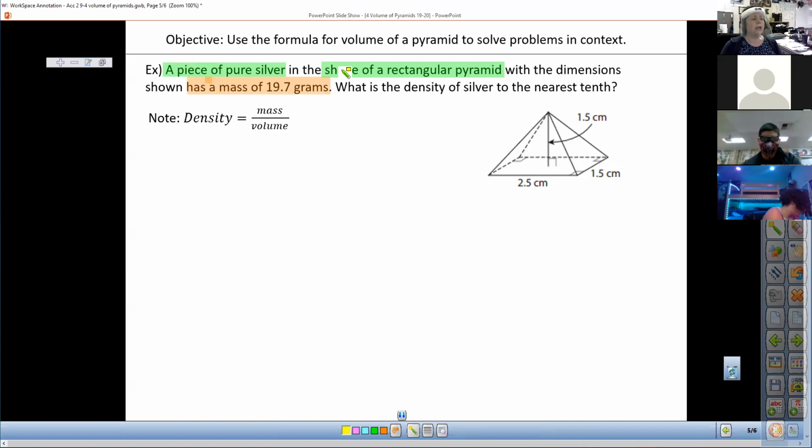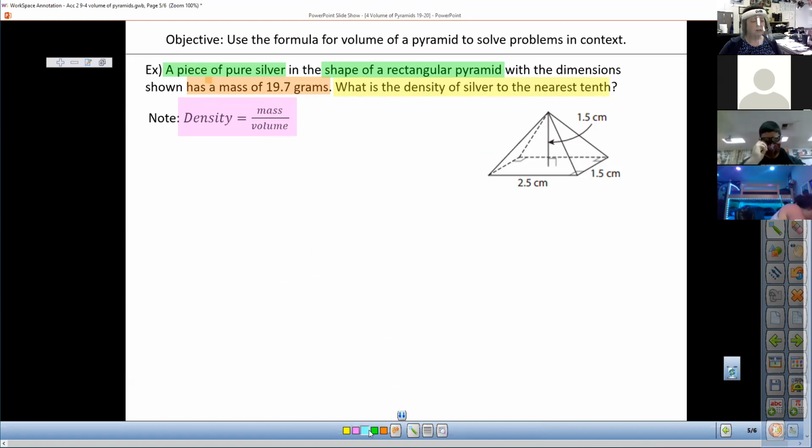The question we're answering is, what is the density of silver to the nearest 10th? So not the density of the pyramid, but the density of what the pyramid is made of, which is that pure silver. And so here it's showing us the relationship between these 3 quantities. That density is equal to mass divided by volume.